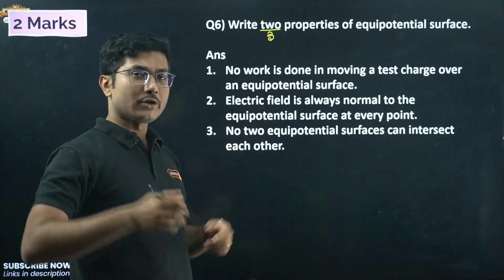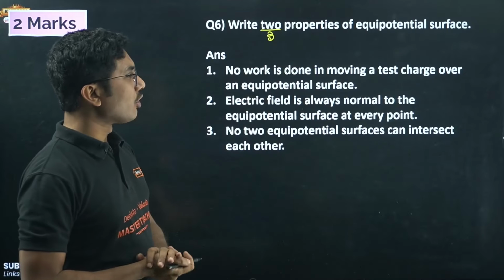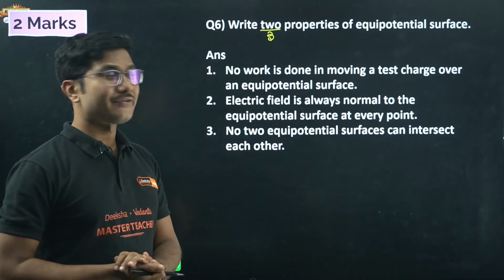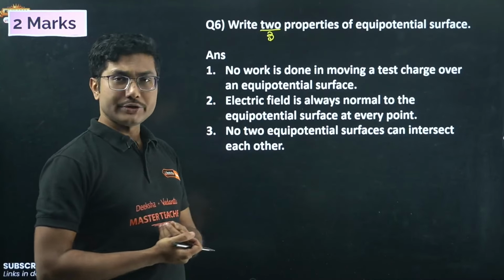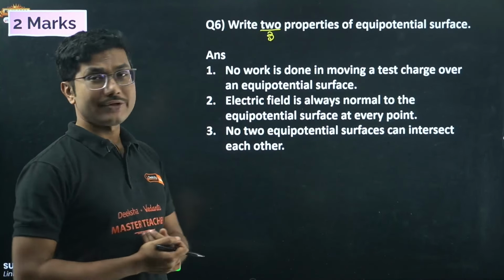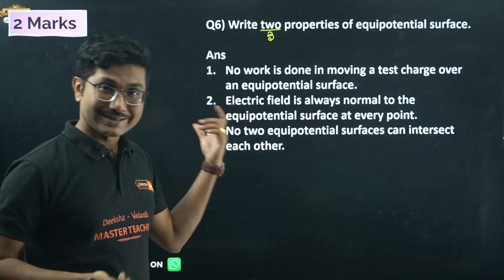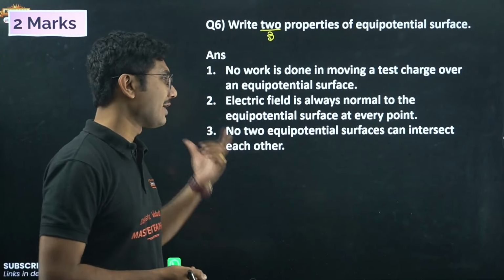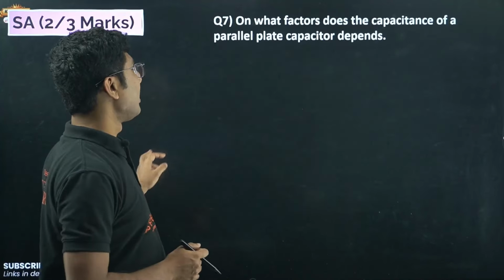Based on this concept, we might get an MCQ question. Electric field is always normal to the equipotential surface at every point. No 2 equipotential surfaces can intersect each other. Same as electric field lines and magnetic field lines, equipotential surfaces also cannot intersect each other.